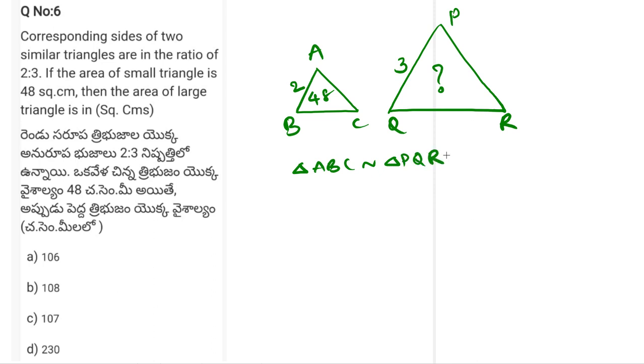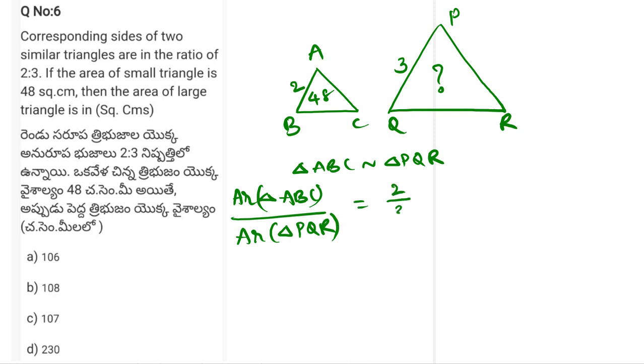We know that the ratio of areas of similar triangles will be in the ratio of squares of the corresponding side lengths. That means in this case, area of triangle ABC divided by area of triangle PQR is equal to 2 by 3 whole square. Now the area of triangle ABC, the smaller triangle, is 48, divided by, let us take this one as A, equal to 2 by 3 whole square, which means 4 by 9.